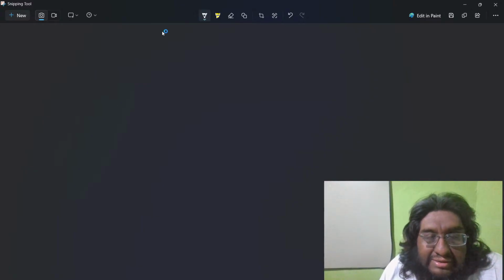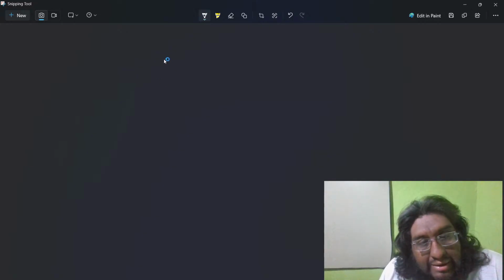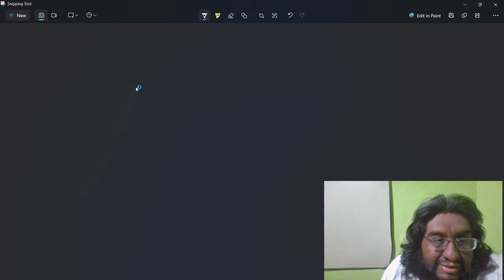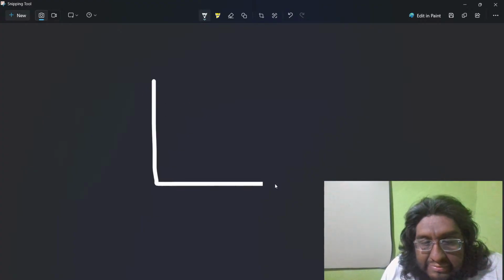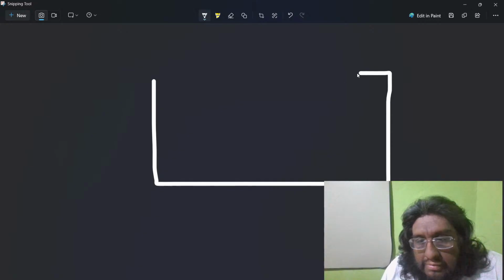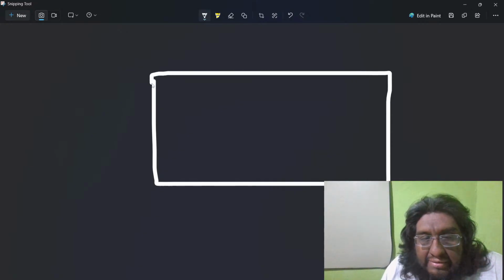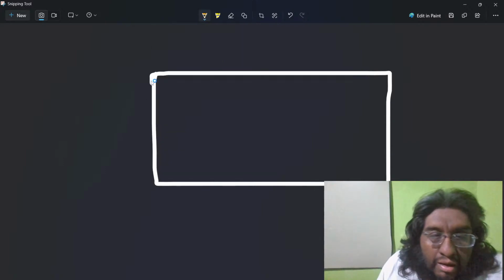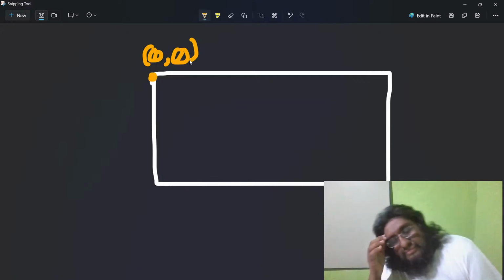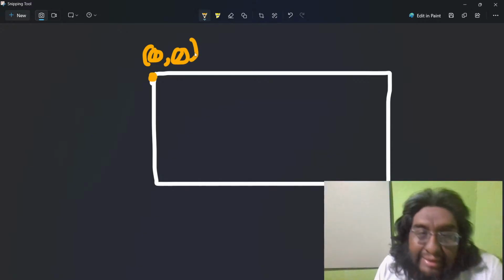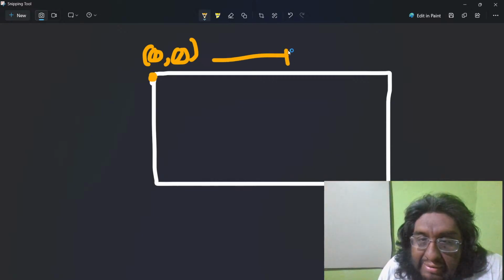Okay, so now it's time for us to go to the real thing. We have some rectangle that is our screen. And they say that this is the zero coordinate, and it increments over here on the positives.